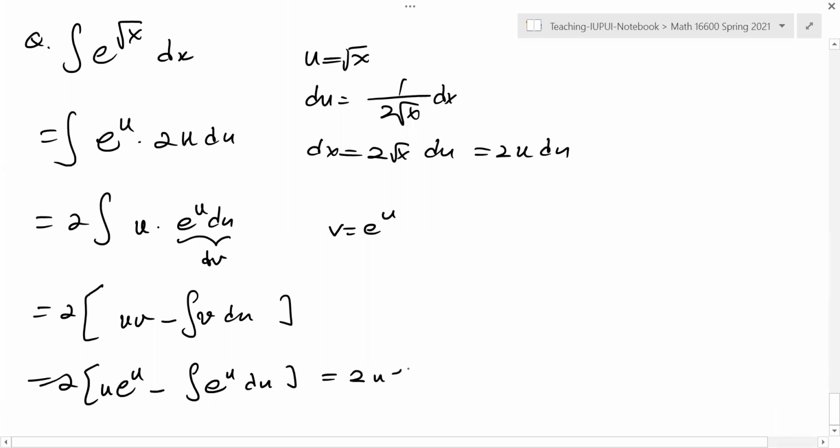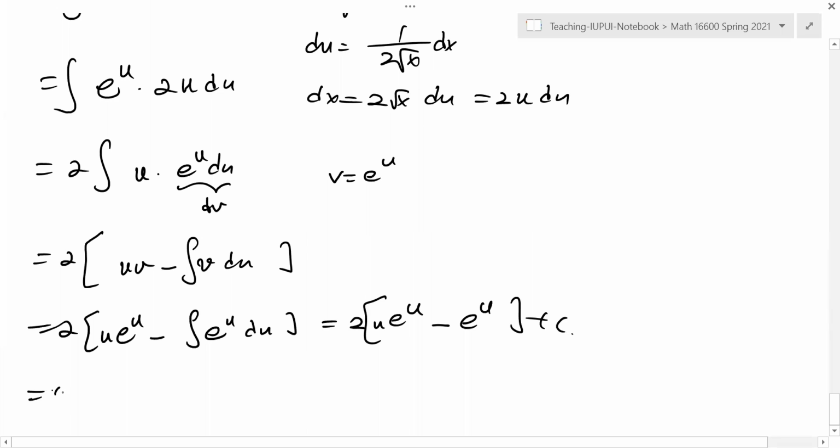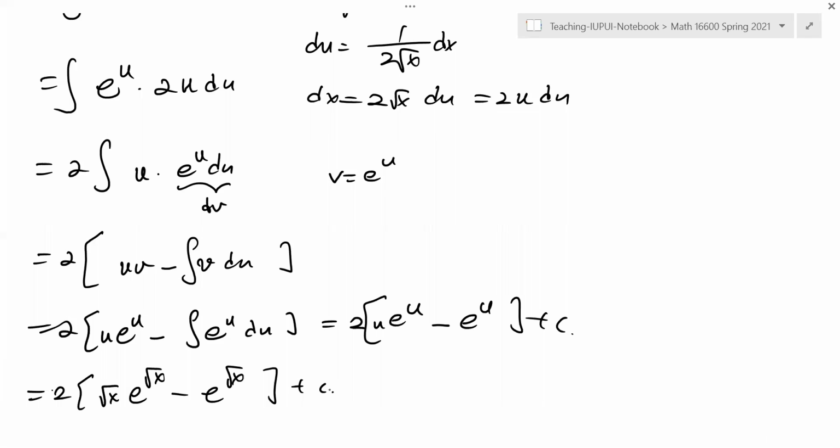And I think that's it. Okay, so you replace the u by square root of x. Here we use the natural substitution, and also you use integration by parts.